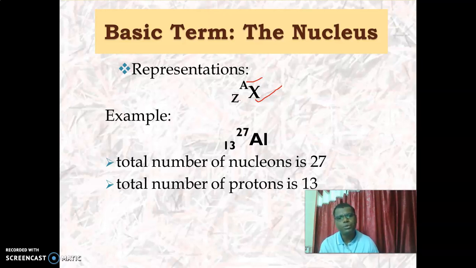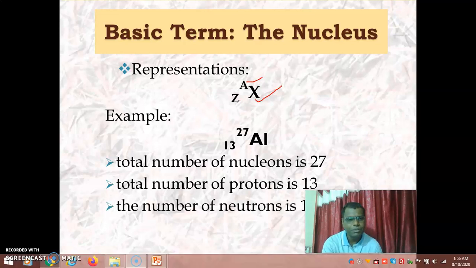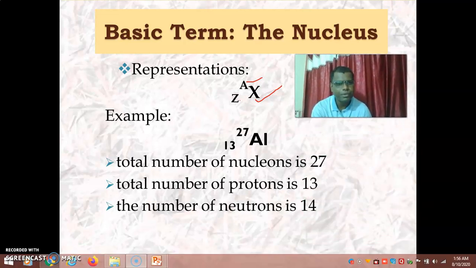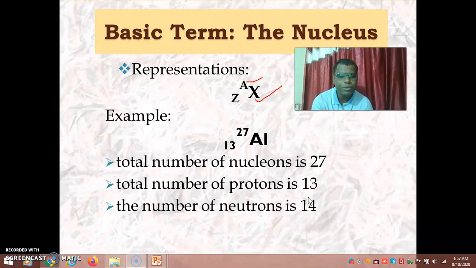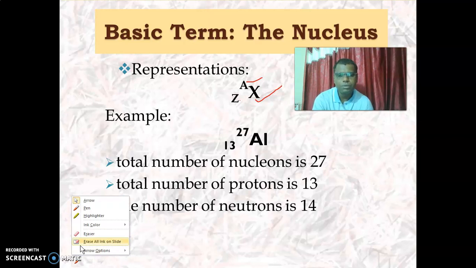So the total number of protons and neutrons present in the nucleus of the aluminium atom is 27, and the number of protons alone is 13. Therefore the subtraction of these two simply gives you the total number of neutrons.